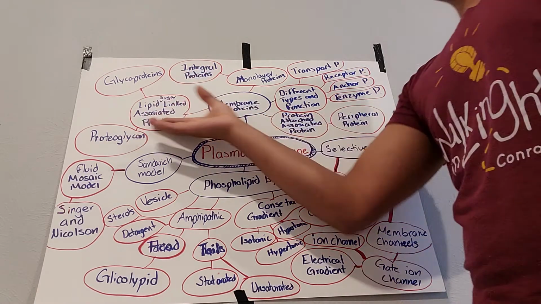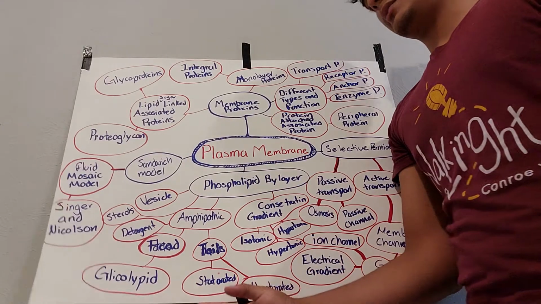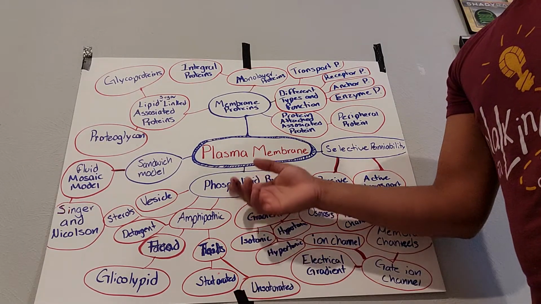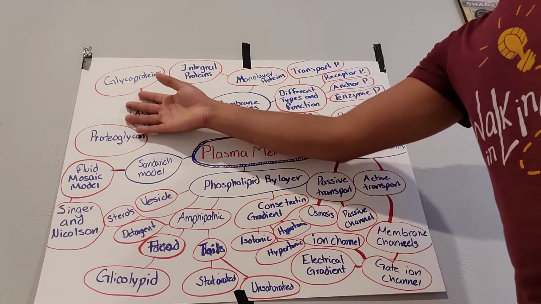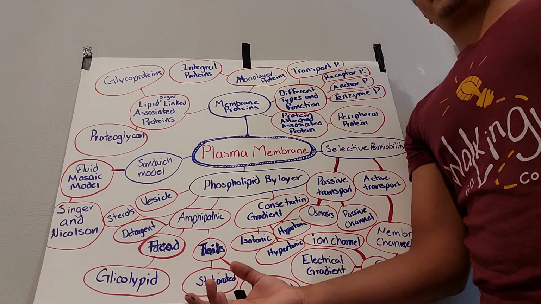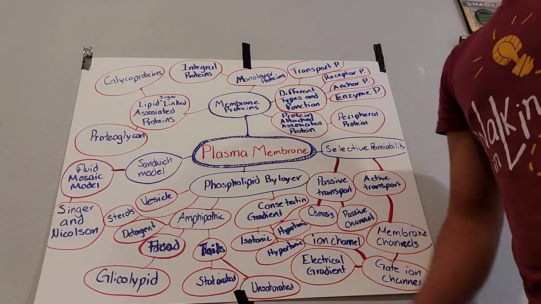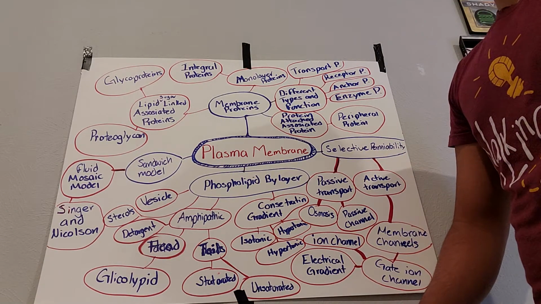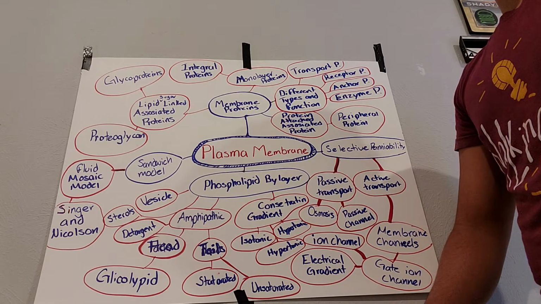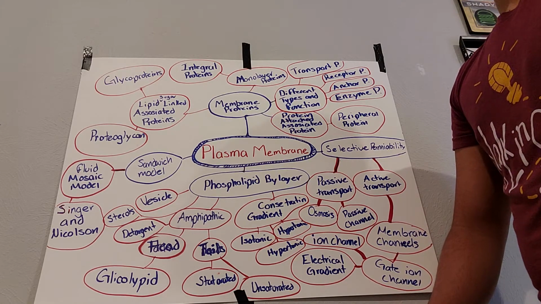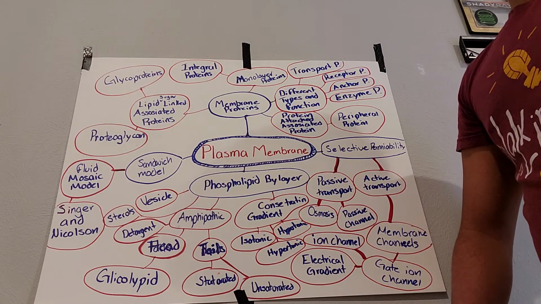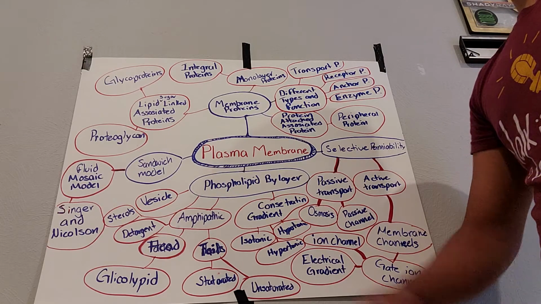Lipid and sugar linked associated proteins are proteins that are bonded to sugars or lipids. For sugars, you have glycoproteins, which are proteins that have oligosaccharides bonded onto them, which are around 12 to 20 monosaccharides long, and these are usually on the external matrix of the cell.